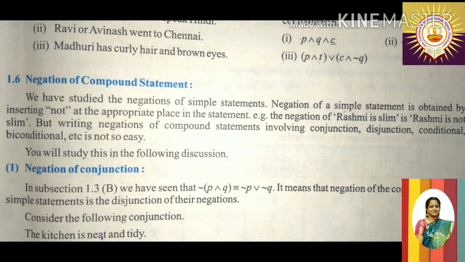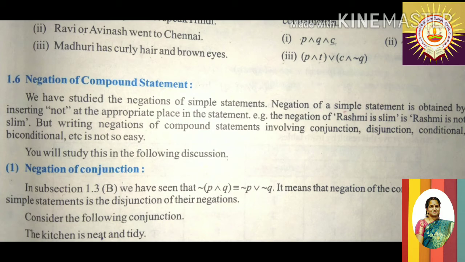Now we learn about the negation of compound statement. As we have studied the negation of simple statement, we know that negation means apply not to the given statement. For the negation of simple statement, we have to insert not at the appropriate place in the statement.